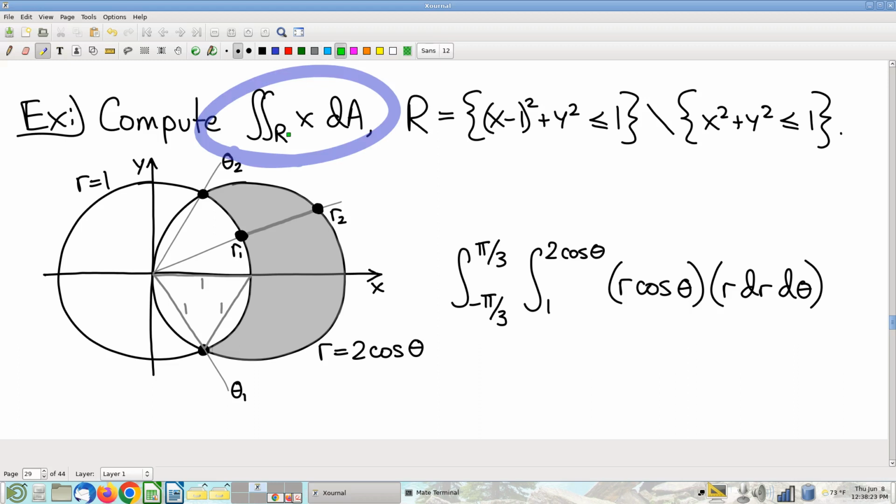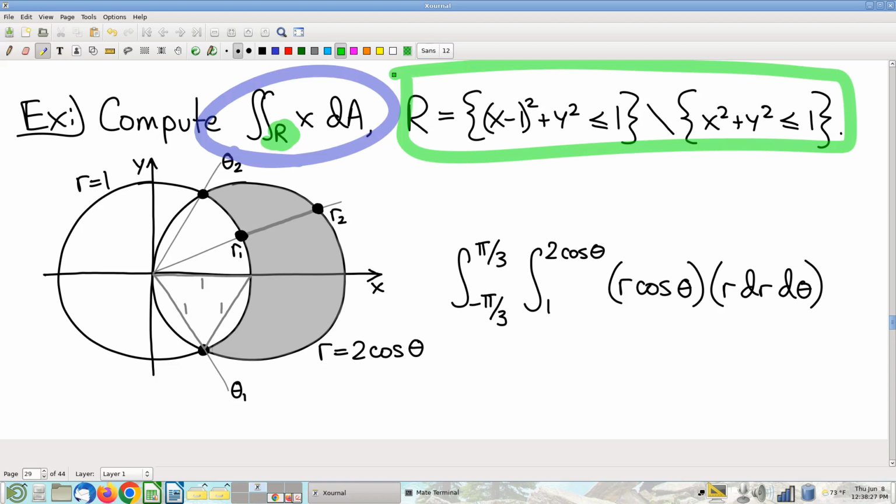Our domain is described by all this jazz up here, and don't get lost in the notation. All this means is, if you just break it up into pieces, this says I want points whose distance from (1, 0) to be less than 1.